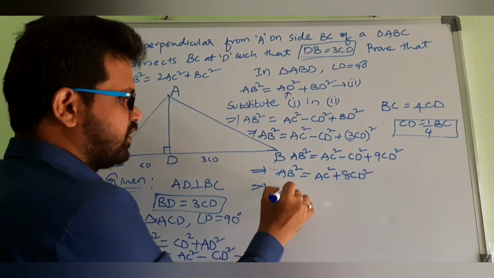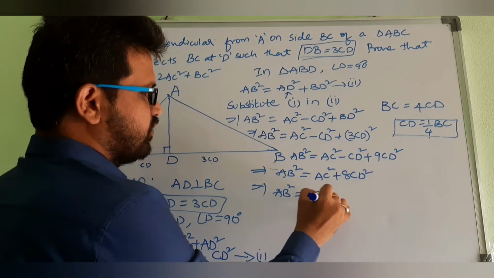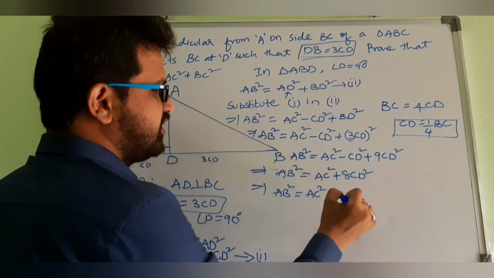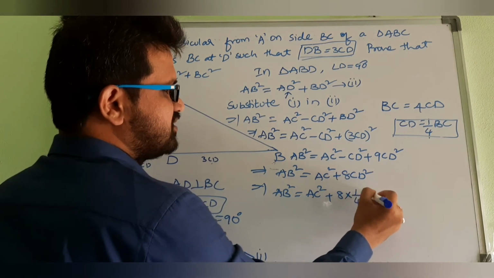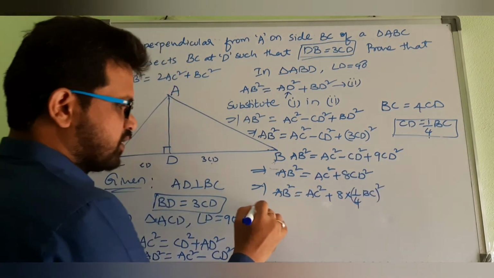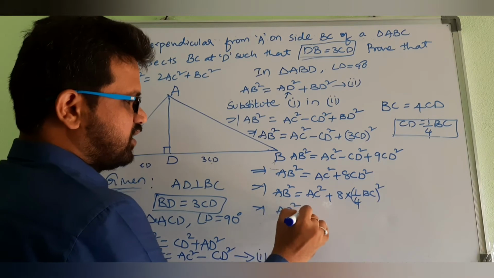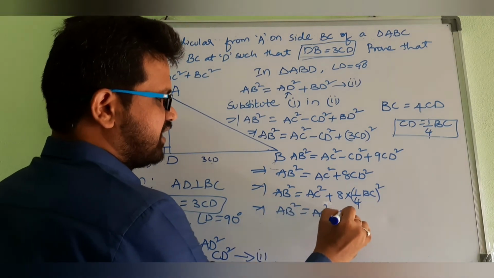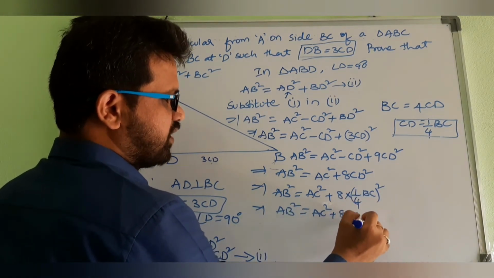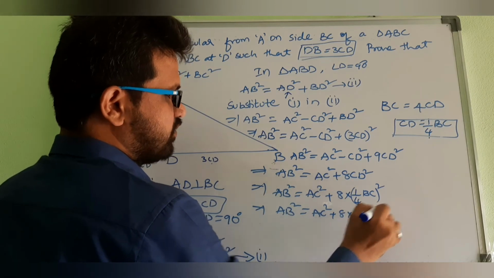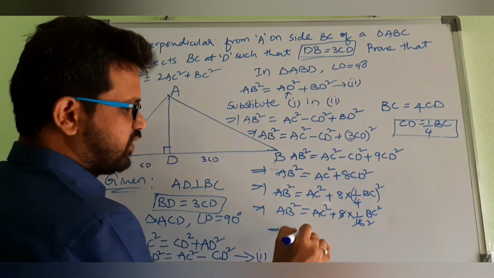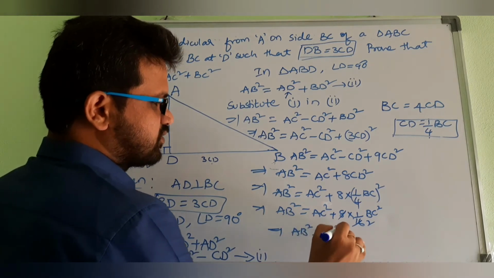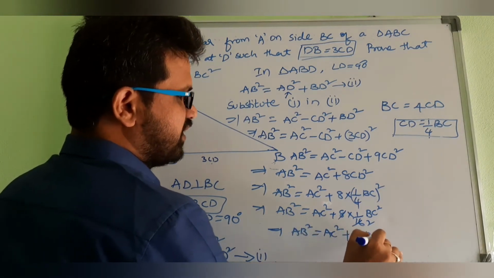So AB square is equal to AC square plus 8 into CD, where CD is nothing but 1 by 4 BC, whole square. So AB square is equal to AC square plus 8 into 1 by 16 BC square. 8 1s are 8, 2s are 16. So AB square is equal to AC square plus 1 by 2 BC square.